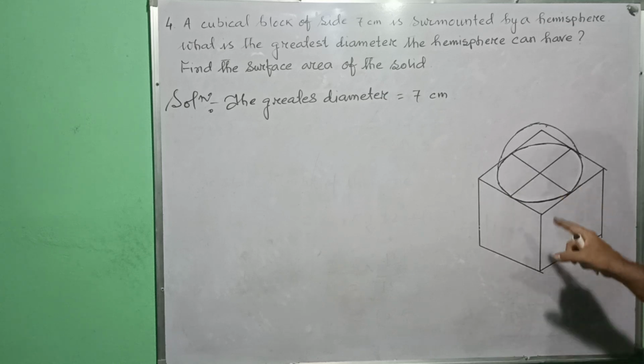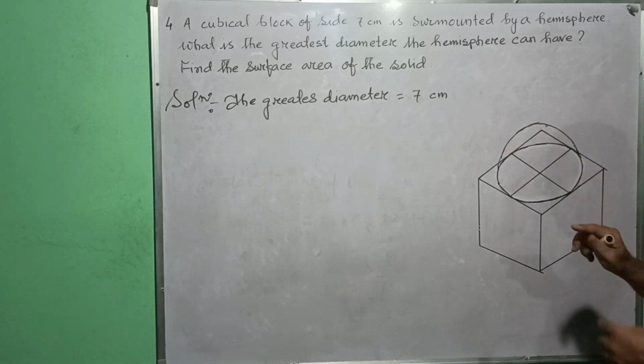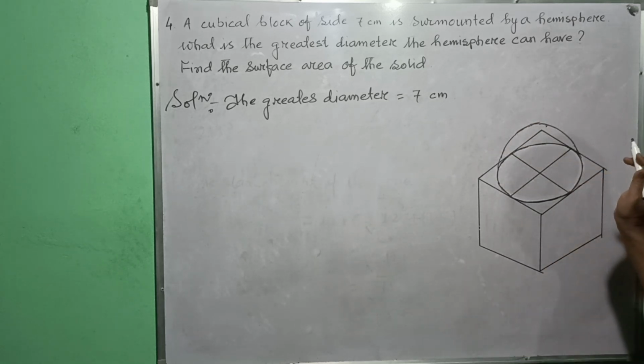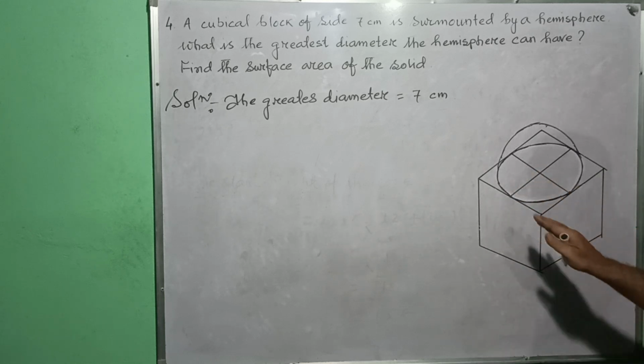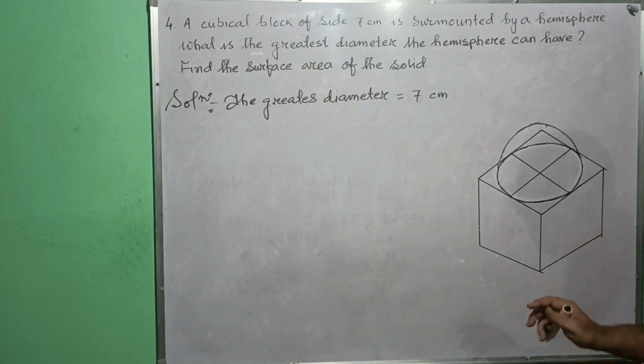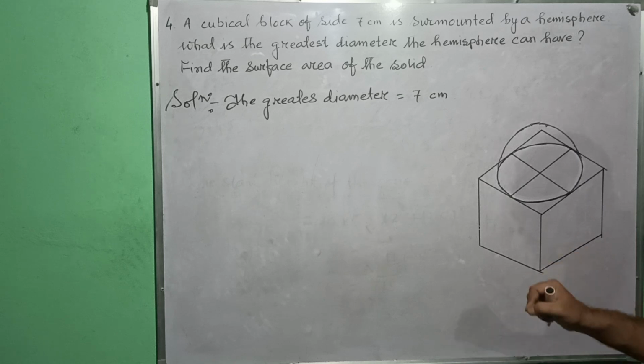But here you can see one face is involved with the sphere, so we'll leave it first. Then the remaining 5 faces are intact, there is no touching anything. So we can write it 5L square, mean 5 into side square.